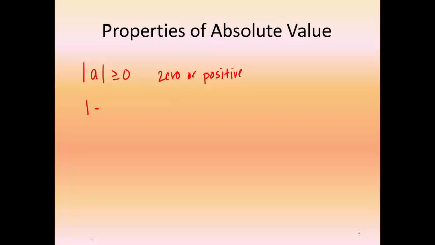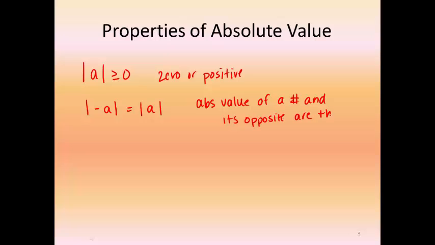We also know that the absolute value of negative A equals the absolute value of positive A. This means the absolute value of a number and its opposite are the same or equal.